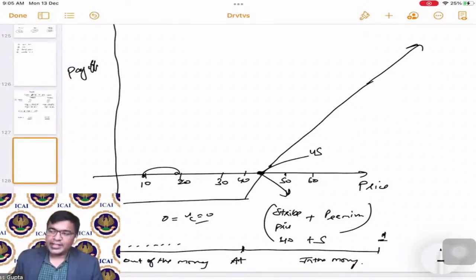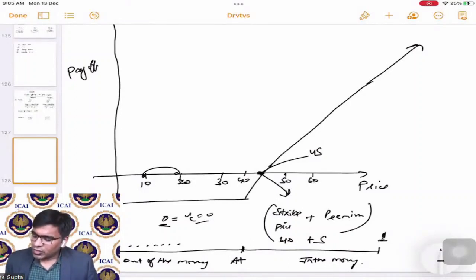Why am I saying delta here will be 0? Because any change in the price will not have any significant impact on the value of the call option. Similarly, why we are saying 1 here is because any small change in the price will bring it deep in the money, and it will have a very drastic impact on the value of the call option.